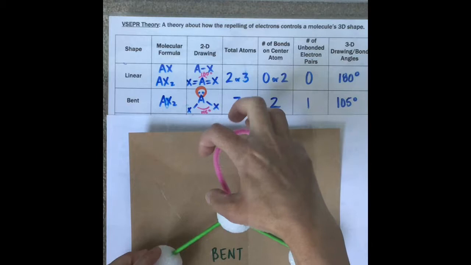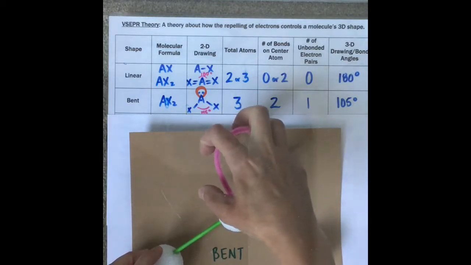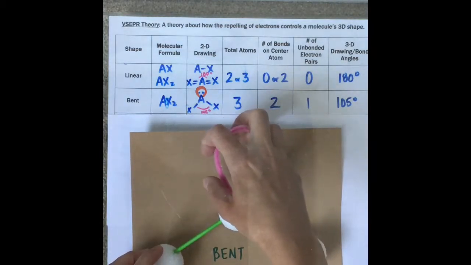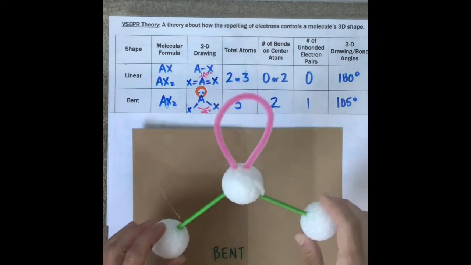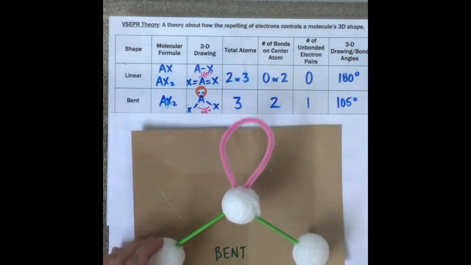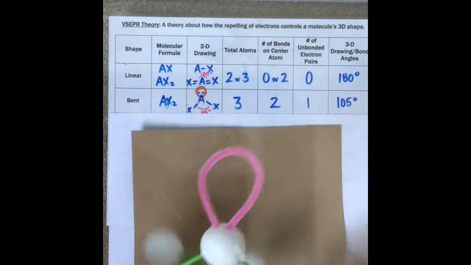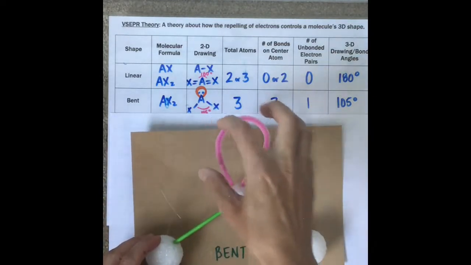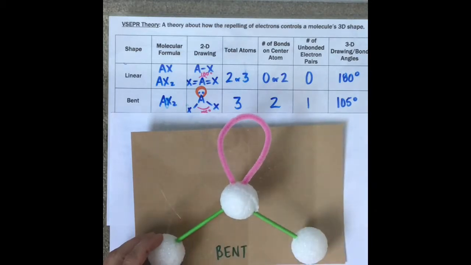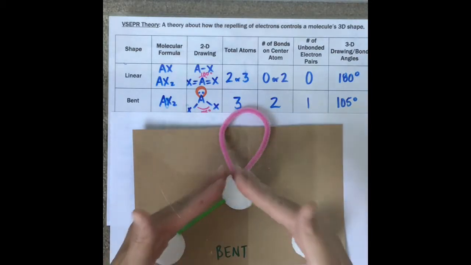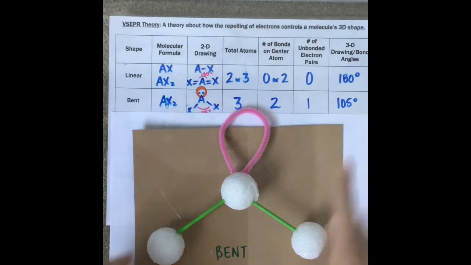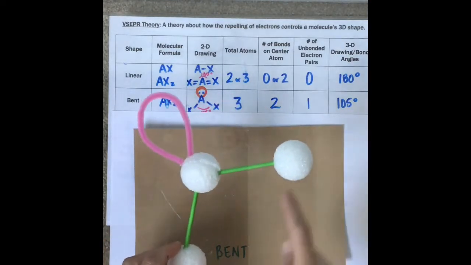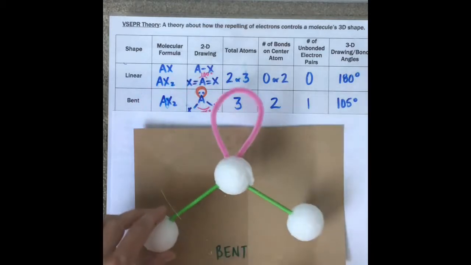This is a cloud of electrons sitting on the top that is not bonded to anything, and it pushes these legs of the atom downward. So instead of being straight out like a linear, because it has this unbonded cloud, the legs are pushed downward into a bent position. And the bond angle for bent is 105 degrees between the two outer atoms.